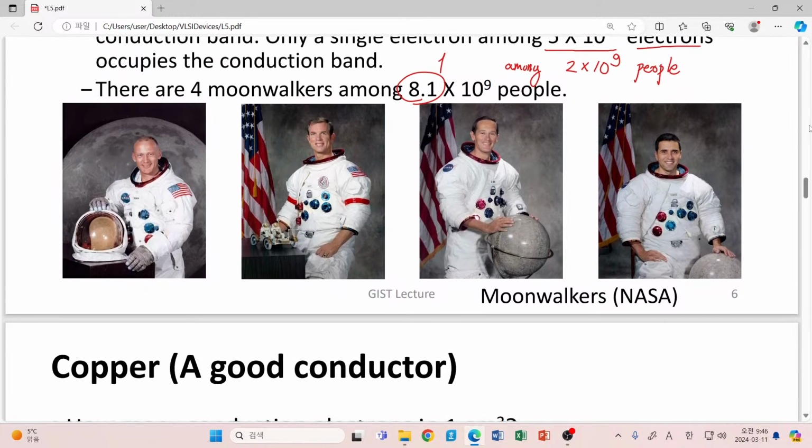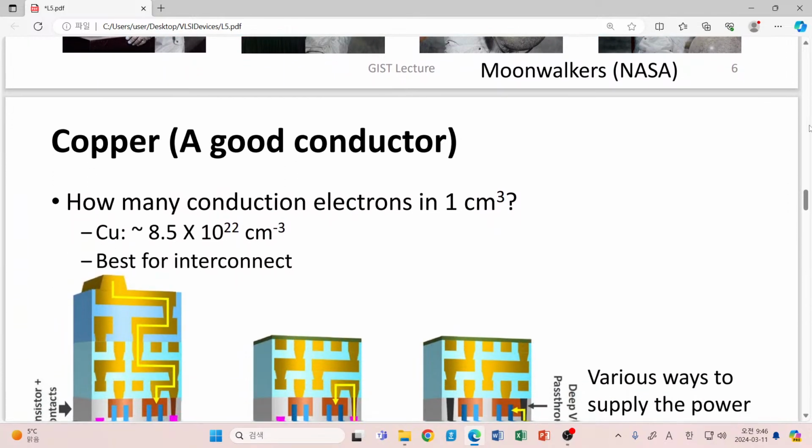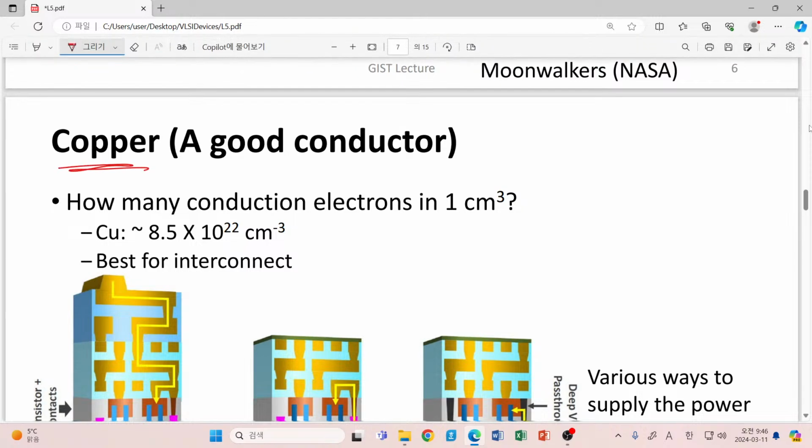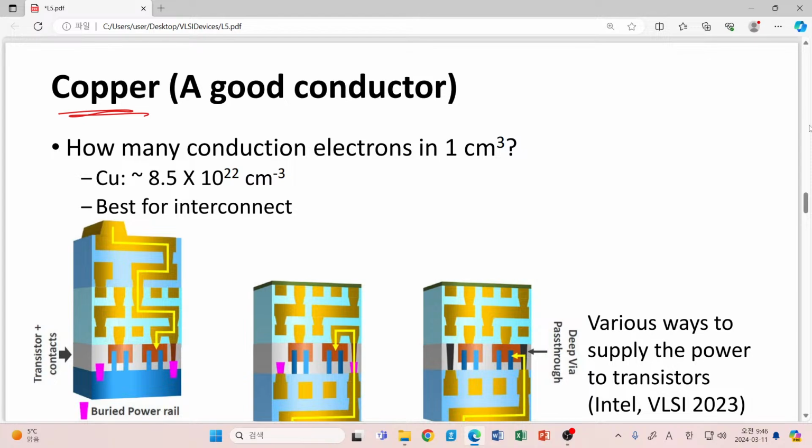However, is it common to every material? For example, if you go to copper, then the number of conduction band electrons in the same volume, 1 cubic centimeter, is given as 8.5 times 10 to the 22, even close to 10 to the 23 per cubic centimeter.